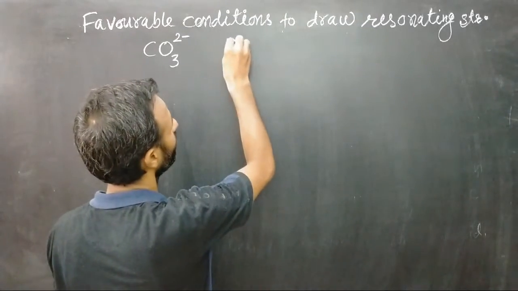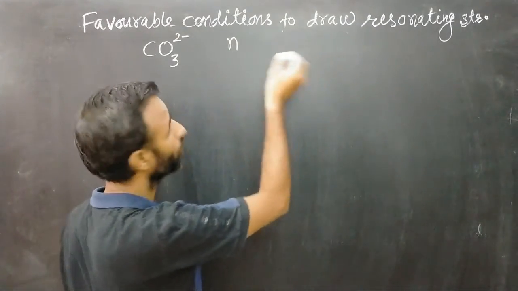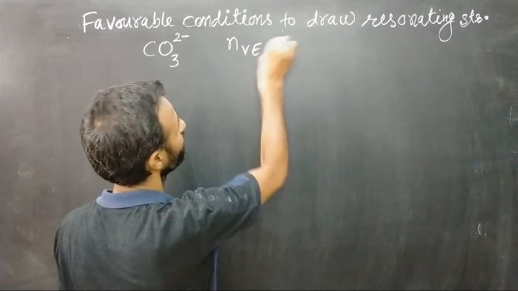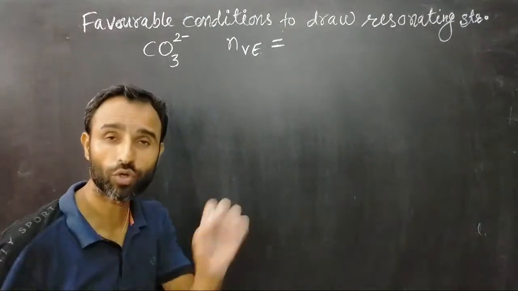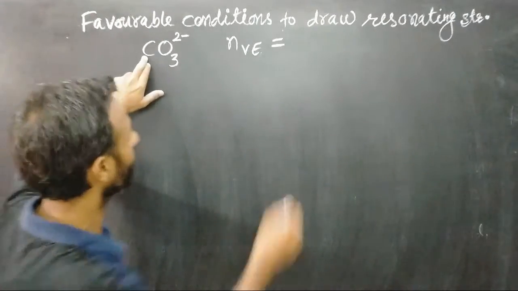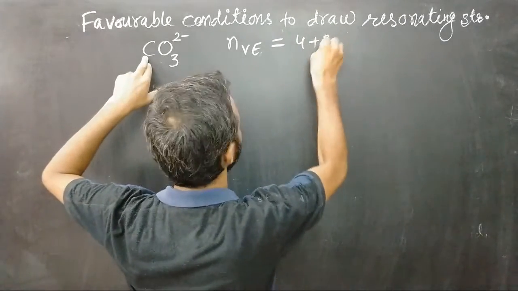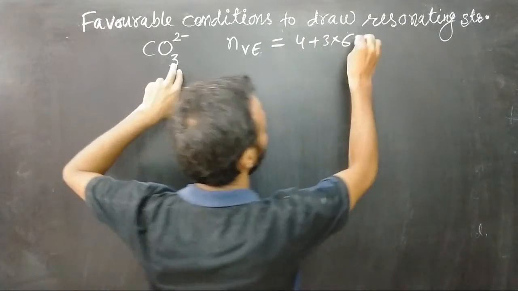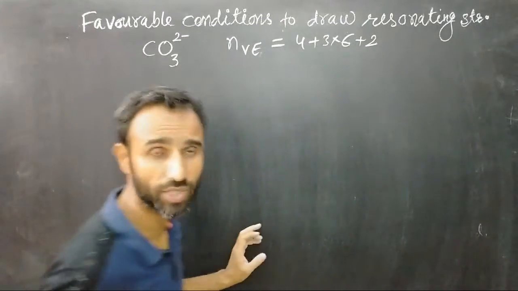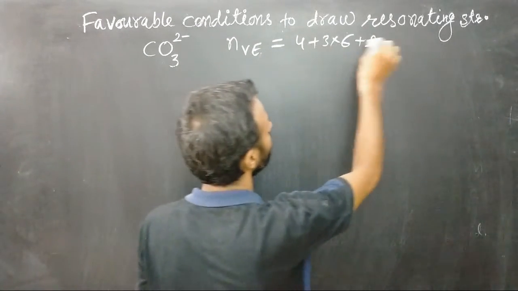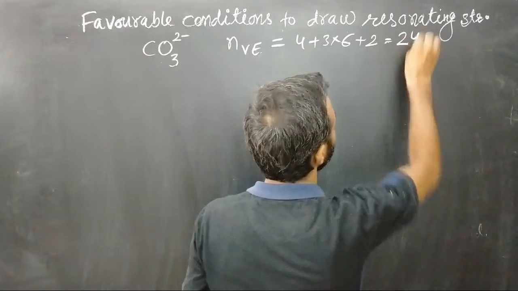I have done it before, but the number of valence electrons is calculated to draw the Lewis structure. Carbon has 4, each oxygen has 6, plus 2 for 2 negative charges, so 24.